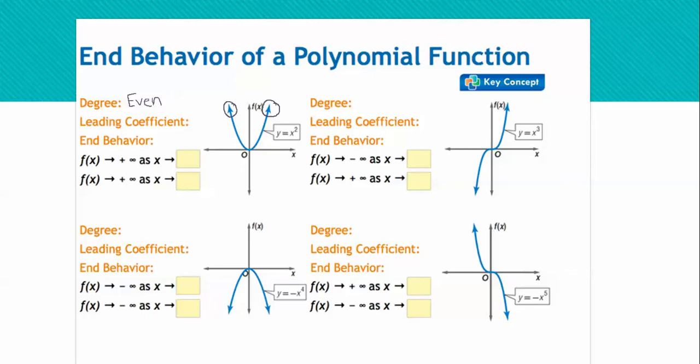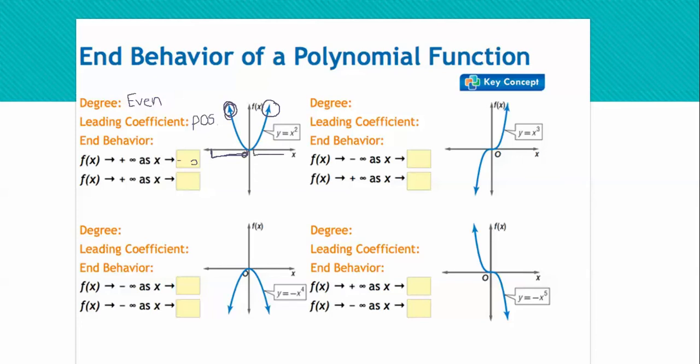If the leading coefficient is positive, meaning there's no negative sign, they both face up. They're smiling. And if that's the case, when x is negative, so negative infinity, my y is positive, so it's going up.